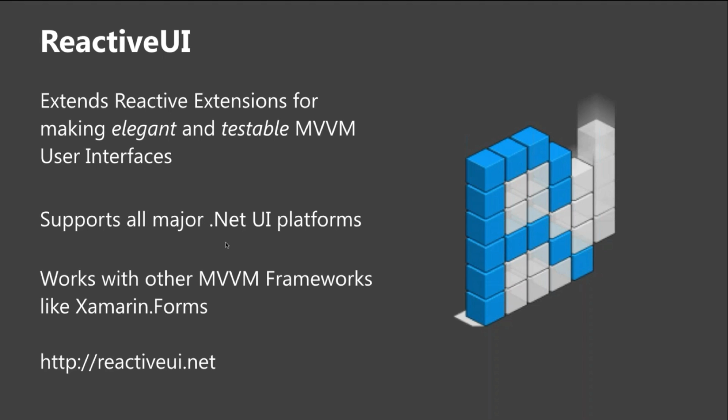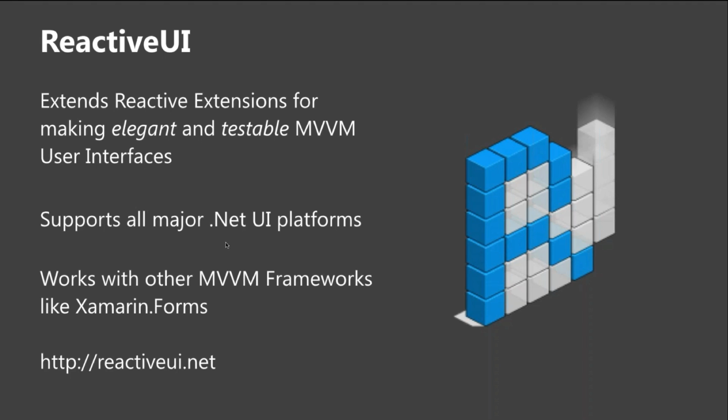So, whether you're building an application in Xamarin Forms, Xamarin Android, Xamarin iOS, if you're building it in WPF or even Windows Forms, there's essentially extension methods and hooks for all those platforms to help you build out your applications faster there.